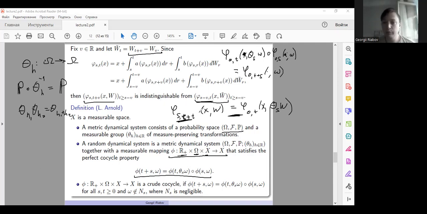So when we have a flow of mappings with this equality, then we get a random dynamical system.